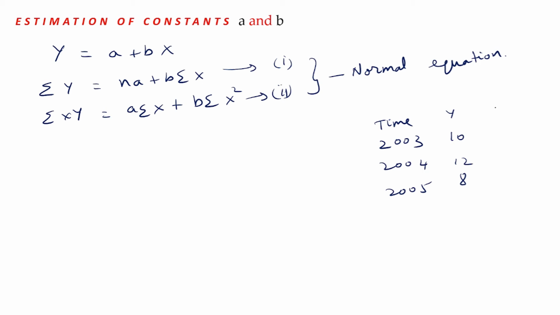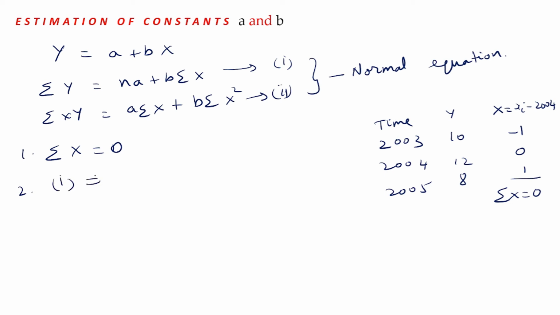Here we have to shift the origin and take x as xi minus 2004. If we do this, for 2003 the value of x will be minus 1, for 2004 it is 0, for 2005 it is 1, so that we get summation x as 0. So the first step is to shift the origin so that we get summation x equal to 0. If we have summation x as 0, then from the first normal equation, we will get a as summation y by n.